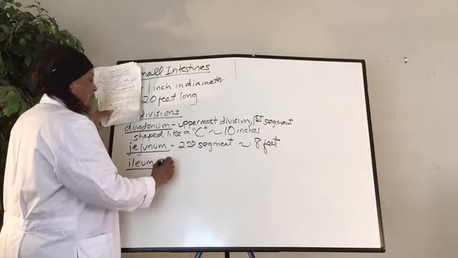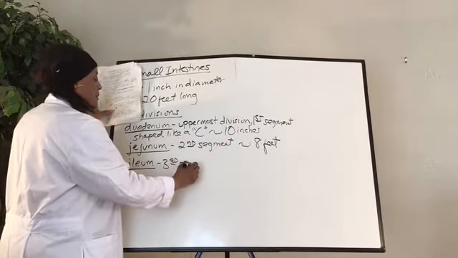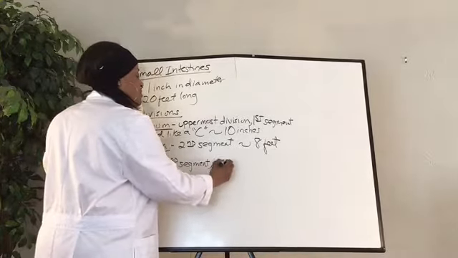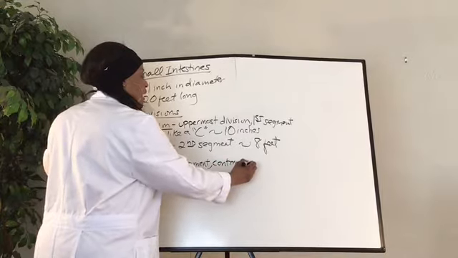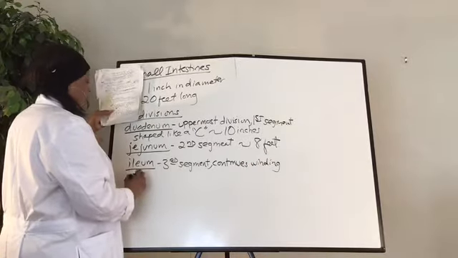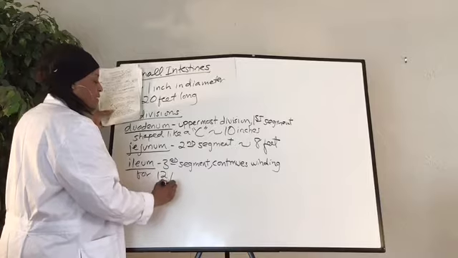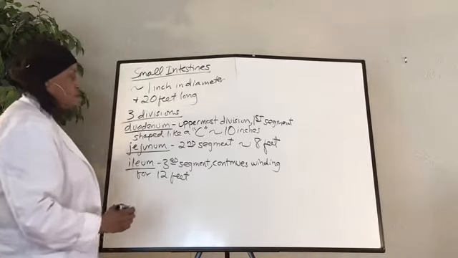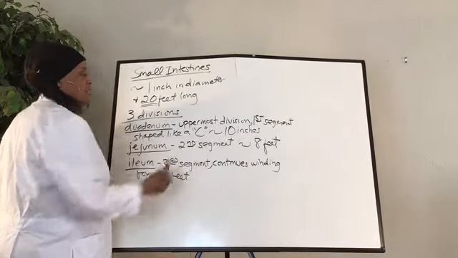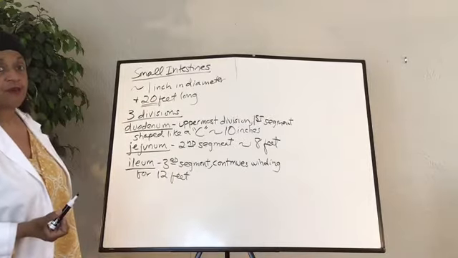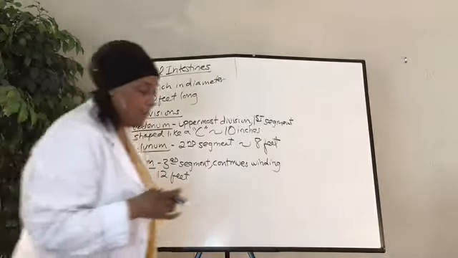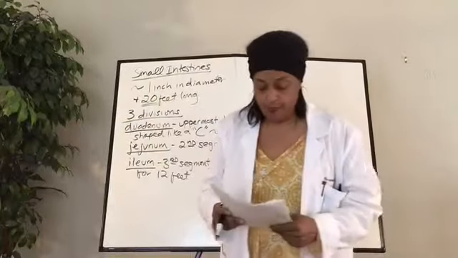This is the third segment. And it continues, this is long too. It continues, this is the longest, winding for about 12 feet. So we can see that 8 plus that 12 gives us, and I know we got that 10 inches, but this gives us about 20 feet of small intestines. And I know it says small intestines, but remember, it's long, but it's small based off its diameter, right?